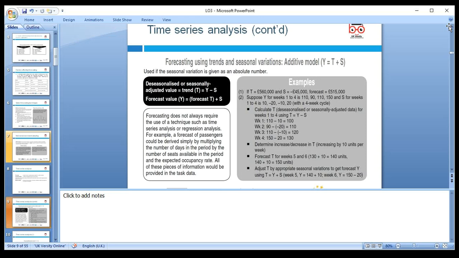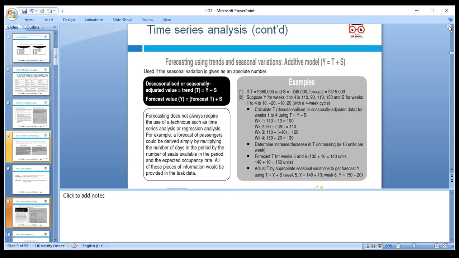Suppose the Y for weeks 1 to 4 is 110, 90, 120 and 150. S for weeks 1 to 4 is 10, minus 20, minus 10 and 20.